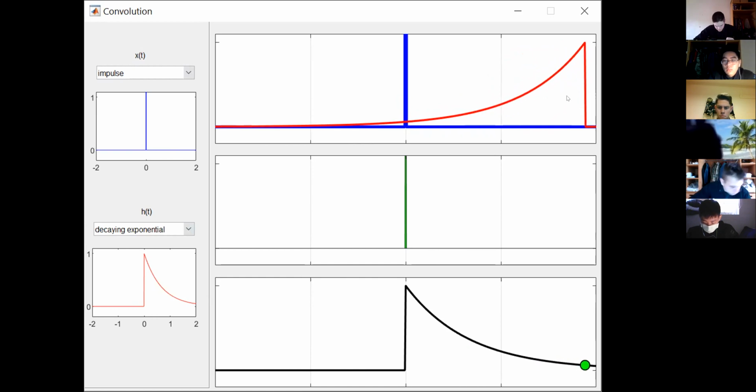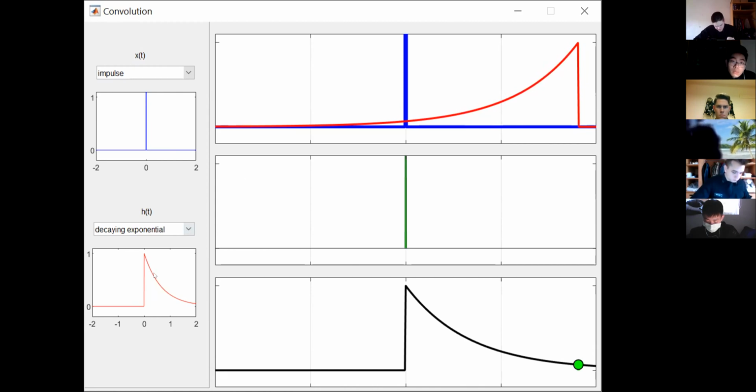Let's analyze it out here. So at this point over here, we're finding y of, say, t equals 1.75. Right? Here's t equals 1, here's t equals 2. So this is about t equals 1.75. And so we've flipped our h of t around 0, and we've shifted it to the right by 1.75. And now we're going to multiply our input, which is an impulse, by our shifted and flipped h of t minus tau.